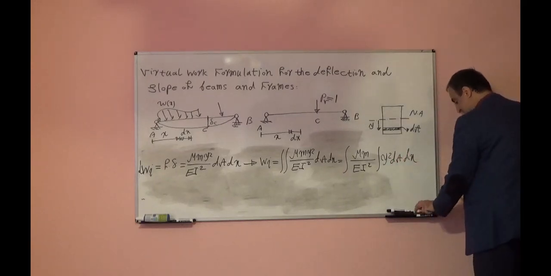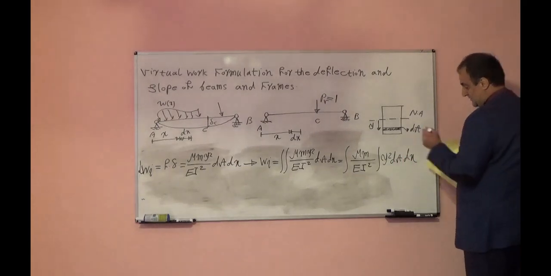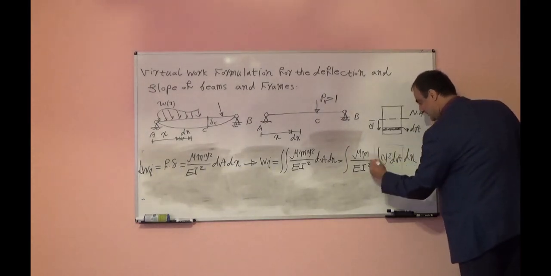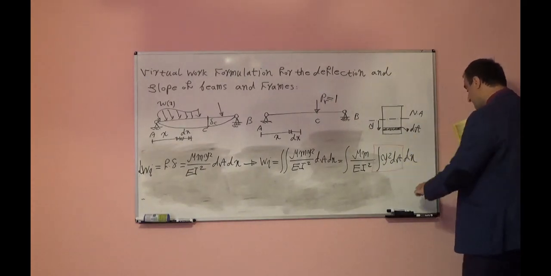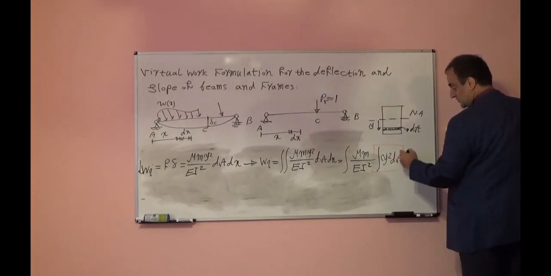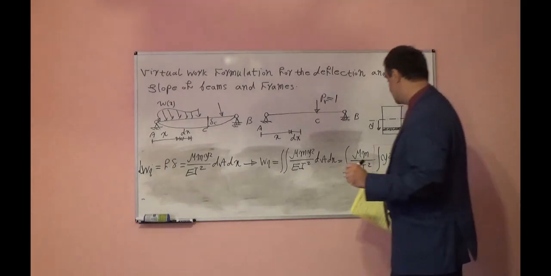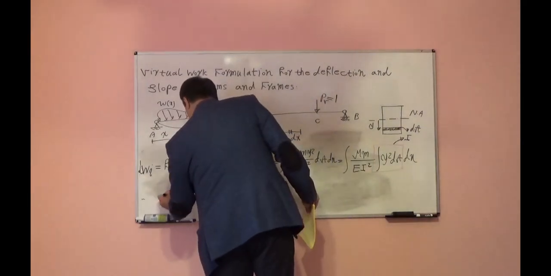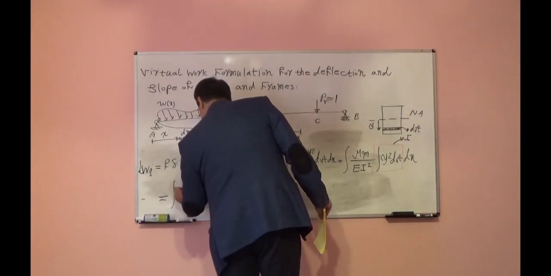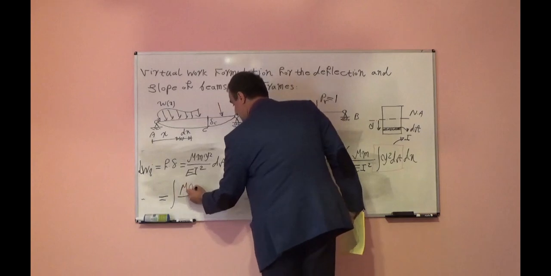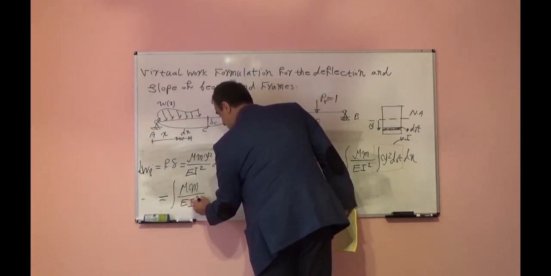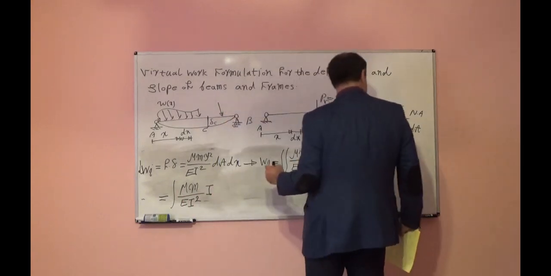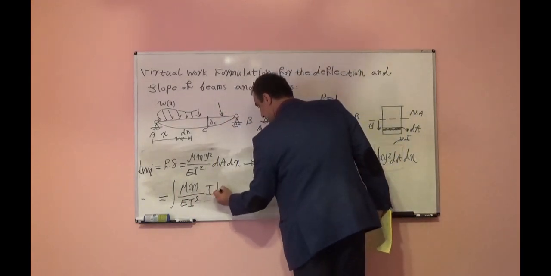We know this term from statics. From statics we know integration of y squared dA is the moment of inertia. So this part is equal to, again, I. So that will be equal to integration of capital M lowercase m over E I squared times I dx.